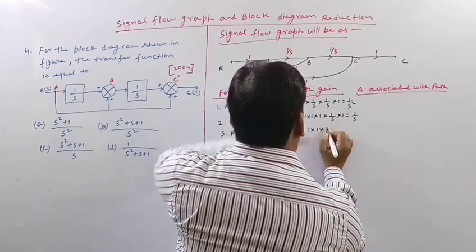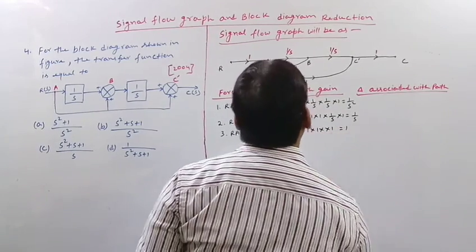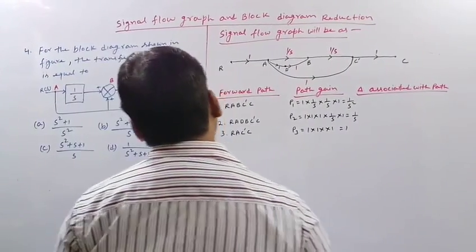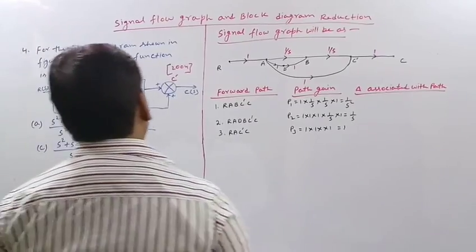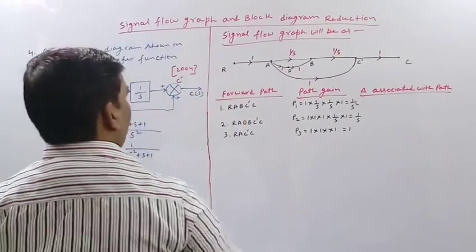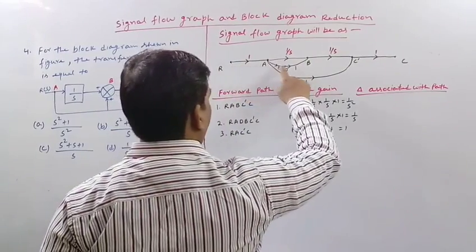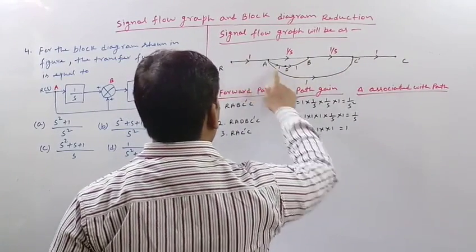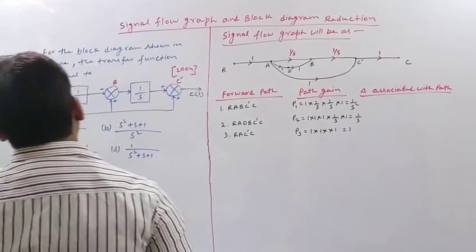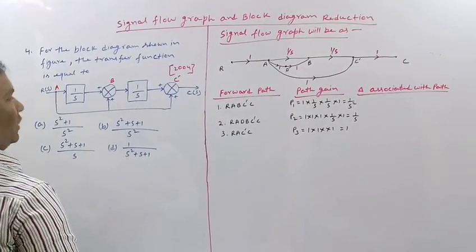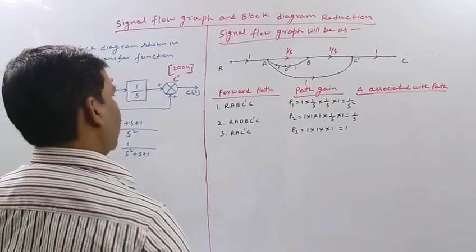So it will be 1. Let us check whether any more paths exist. One path is this one, another is this one, another is this one, and there are no other paths.